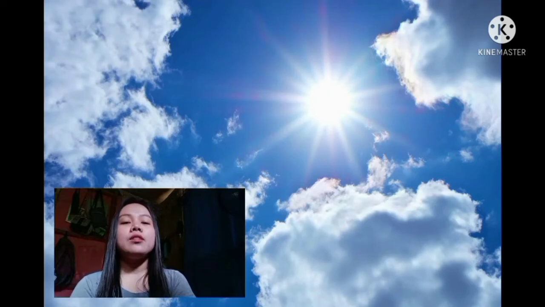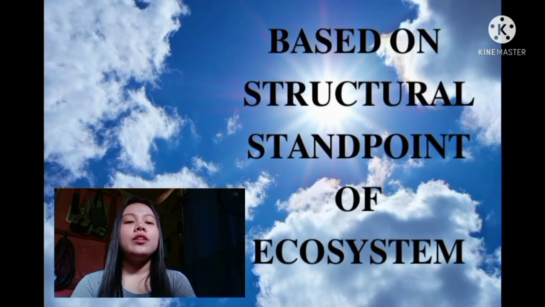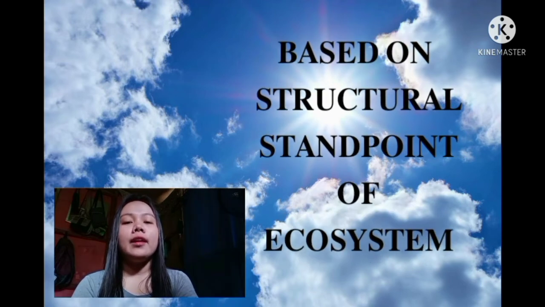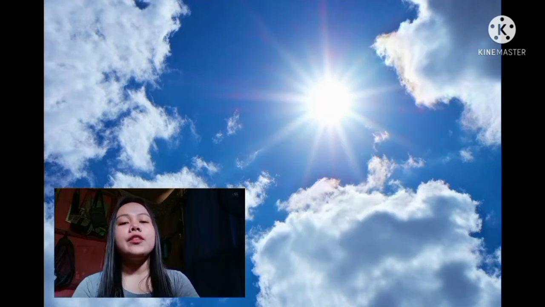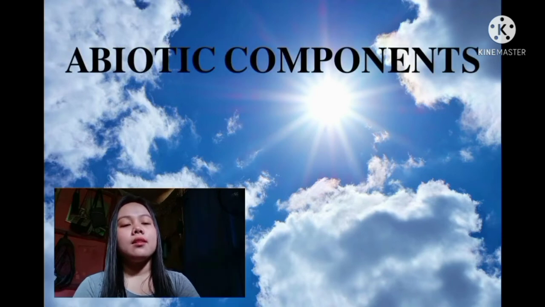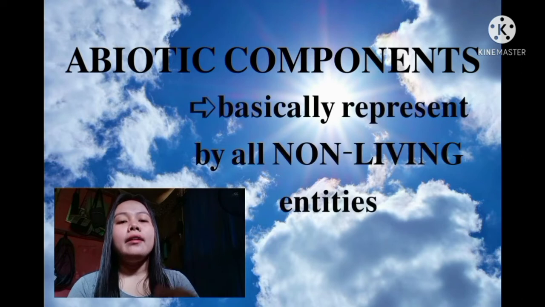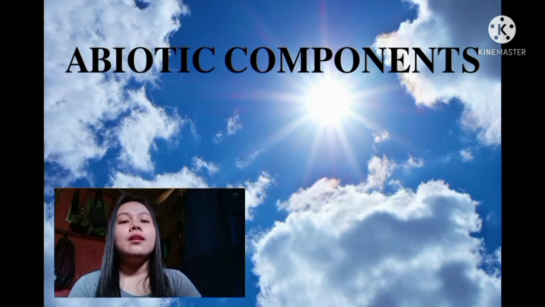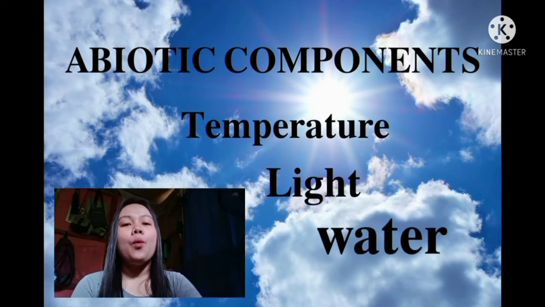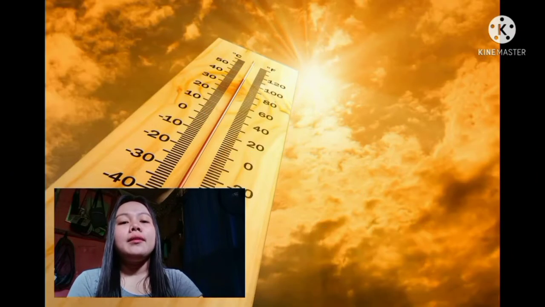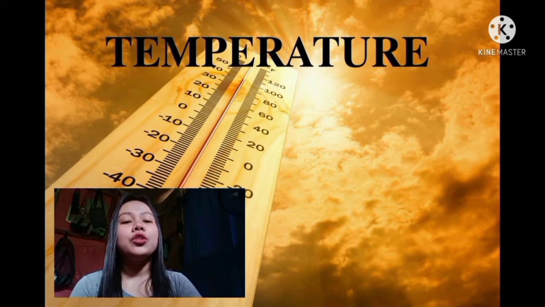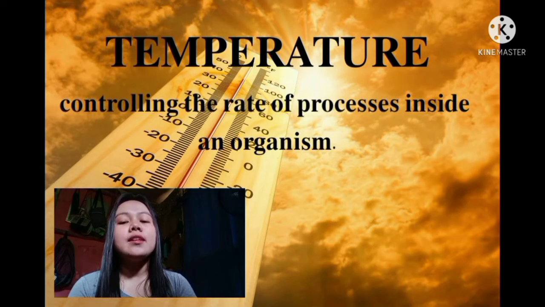So my science topic is to discuss the structural standpoint of an ecosystem. First is abiotic components. When we say abiotic components, it represents all non-living entities, including temperature, light, and water. Temperature controls the rate of processes inside organisms.